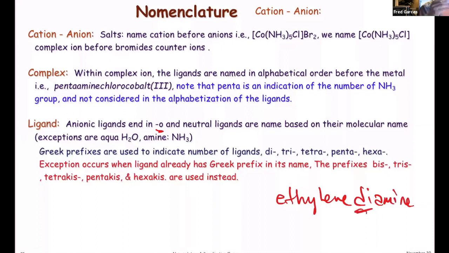Well, if you have two ethylenediamines in the chemical, then you would denote that by putting a bis in front of that, meaning that there are two ethylenediamine ligands in that formula. Tris means that there are three ethylenediamine. You never write diethylenediamine. You're not redundant, okay? Or you don't write triethylenediamine, because the di here means that you already have a Greek prefix in the name. So that's what this rule is about right here, okay?